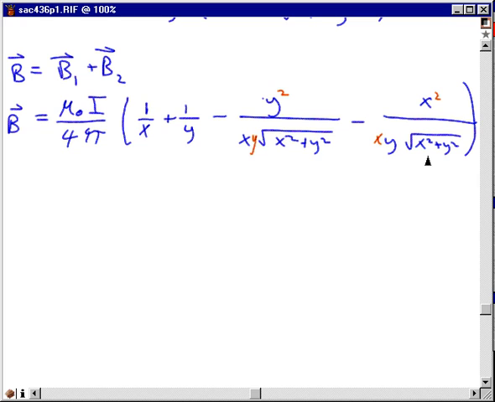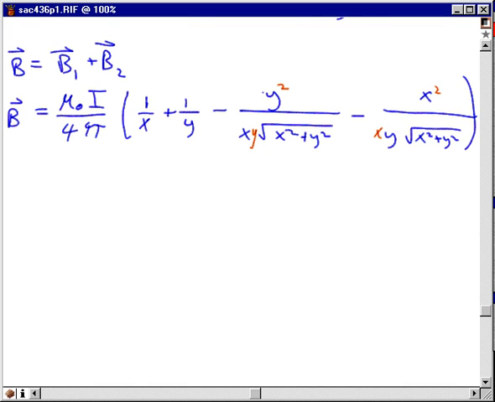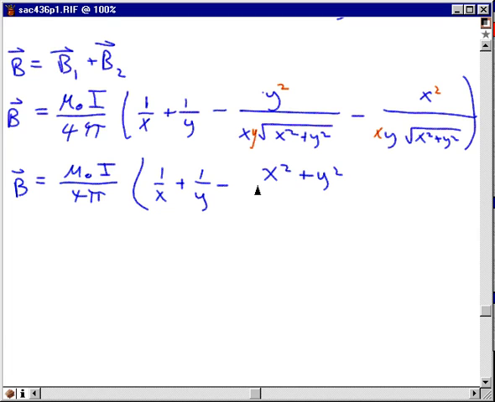And then I've got same denominator for these last two terms, so I can express B as mu 0 I over 4 pi times 1 over x plus 1 over y minus, both terms have a minus, so I'll put the minus all the way out front and call that x squared plus y squared up top divided by xy times the square root of x squared plus y squared.